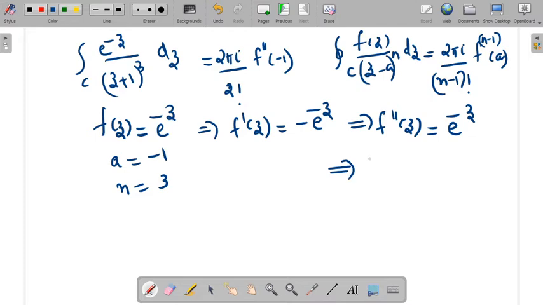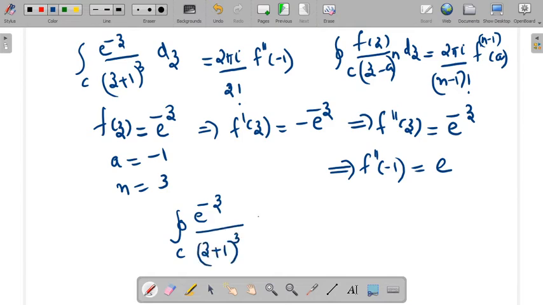So we are going to find its value at a. The value of a is minus 1. So f double dash at minus 1 equal to e. Hence, substituting the values, we can write the integral over C of e raised to minus z divided by z plus 1 the whole cube dz equal to 2 pi i by 2 factorial into e. 2 and 2 cancel and we get pi e i.